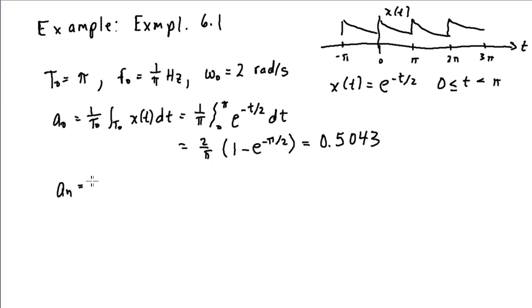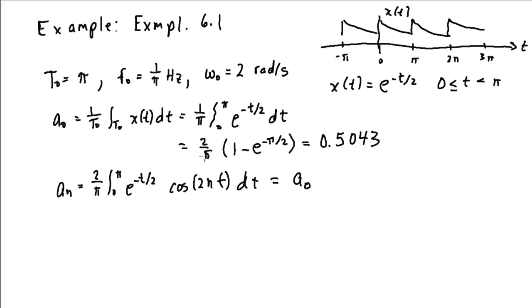The an coefficients are 2 over t0, so there's a factor of 2 here. The most convenient integration interval is going to be 0 to pi. In that interval, x of t is e to the minus t over 2. And then for the an coefficients, we're integrating the product of x of t and the cosine, and the frequencies here are n omega 0, so 2n t, and then we're integrating over t. Again, you can look this up in a table of handbooks.